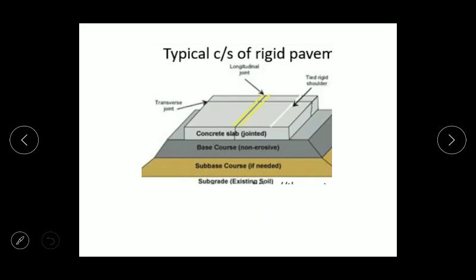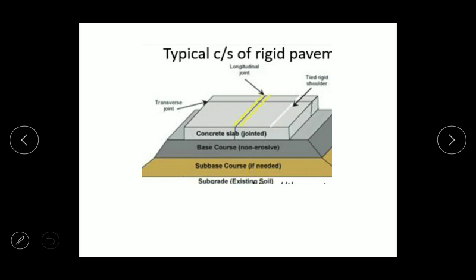And coming to the rigid pavement, some of the points I am going to list out. First point, it consists of one course of Portland cement concrete slab of relatively high bending resistance. Second, it is able to bridge over localized failures and areas of inadequate support. Third, its structural capacity is supplied by the pavement slab itself by beam action.